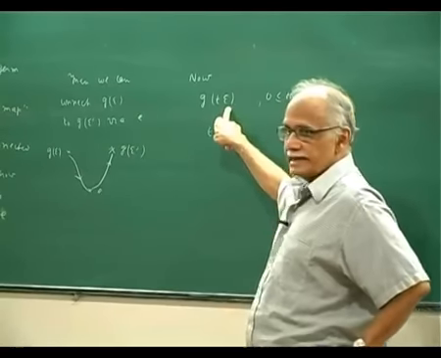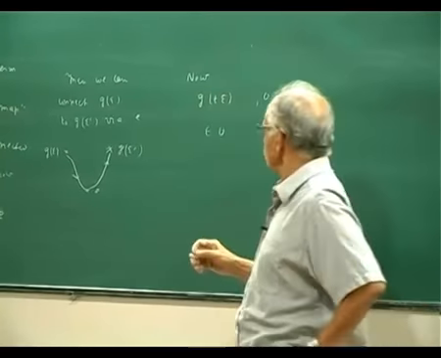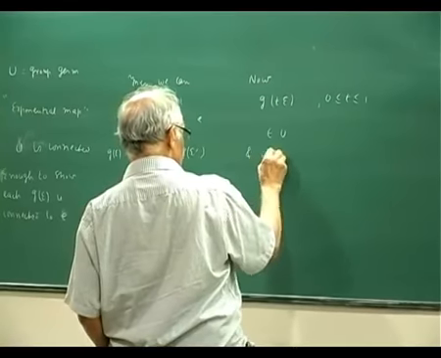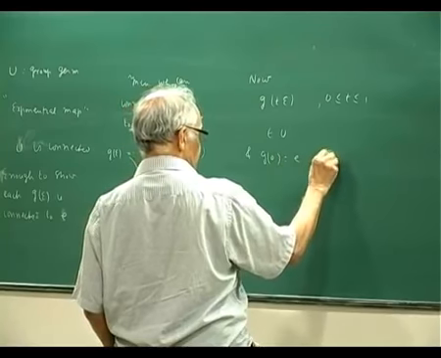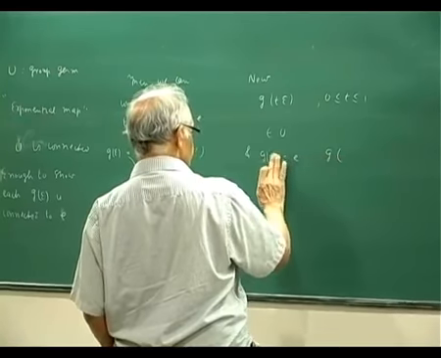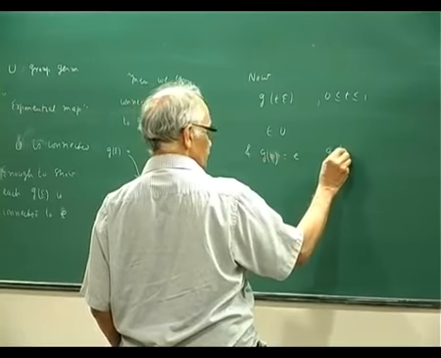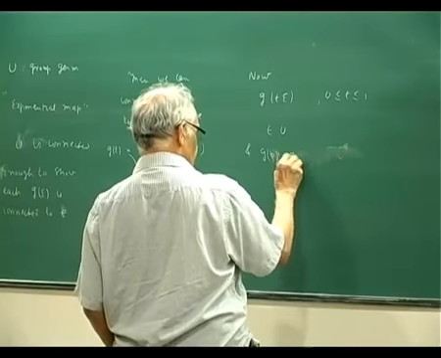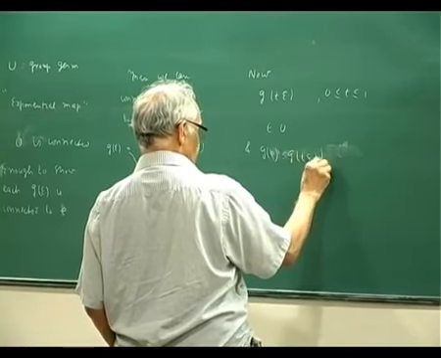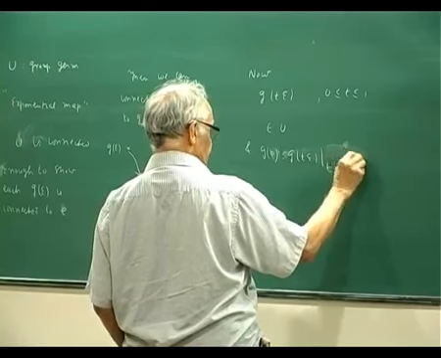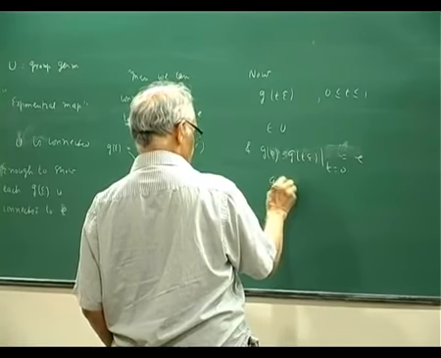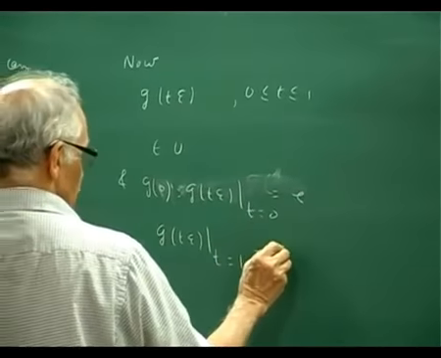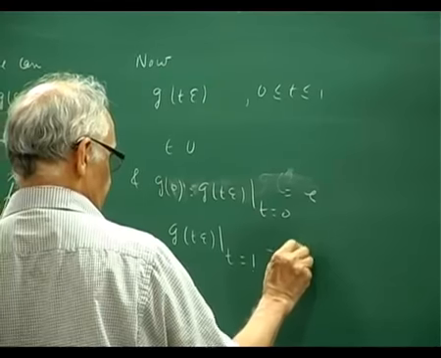So t epsilon may be an n-dimensional vector, t is a parameter, is in U, and g(0) is identity. g(t epsilon) at t equal to 0 is identity, and g(t epsilon) at t equal to 1 is equal to my starting point g(epsilon).